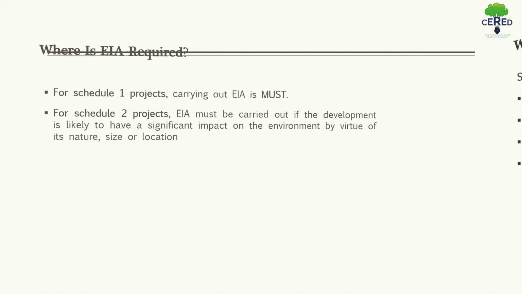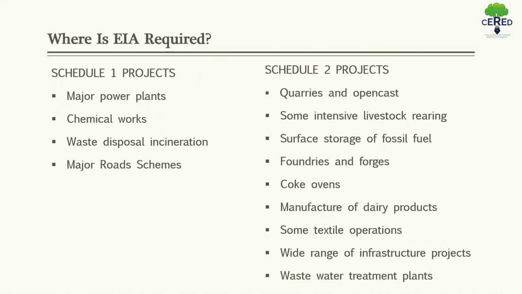Now next, these are the projects, or many more of them, considered as Schedule 1 projects and Schedule 2 projects. Mainly power plants, waste disposal incineration, and major road schemes are under Schedule 1 projects.